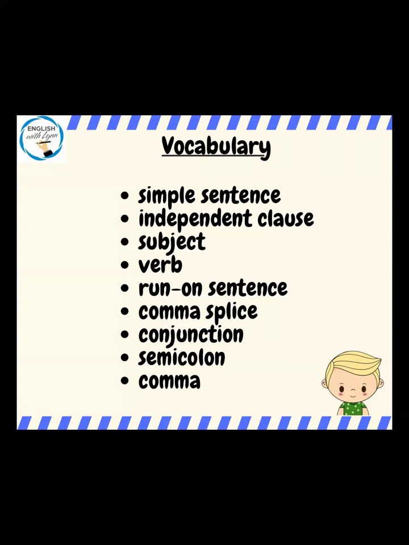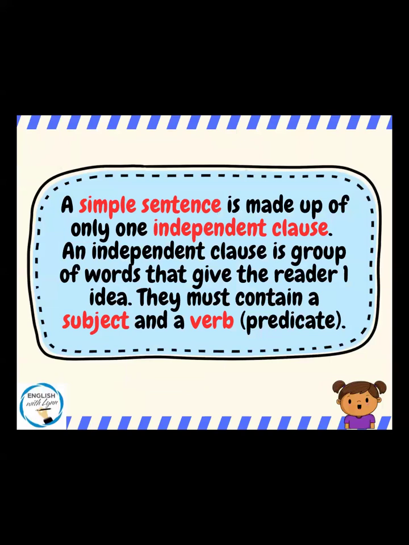So when we talk about simple sentences, we are speaking about one independent clause, okay? At school, you will probably call it a main clause as well. And the independent clause, or the main clause, is a group of words that work on their own to give the reader one idea, okay?